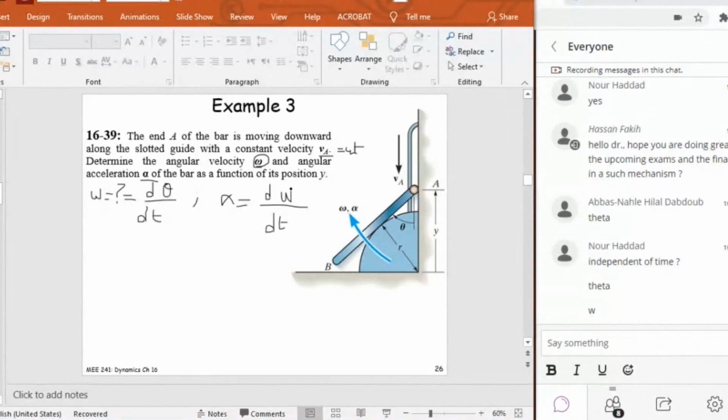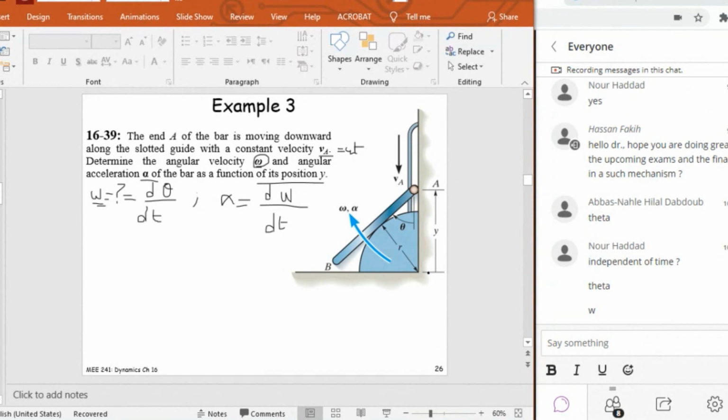So omega is equal to d theta over dt, and alpha is d omega over dt. Which means if I can find the equation of theta in terms of time, I can do the derivative to find omega. And then they also need the equation of omega, the angular velocity, as a function of its position y.